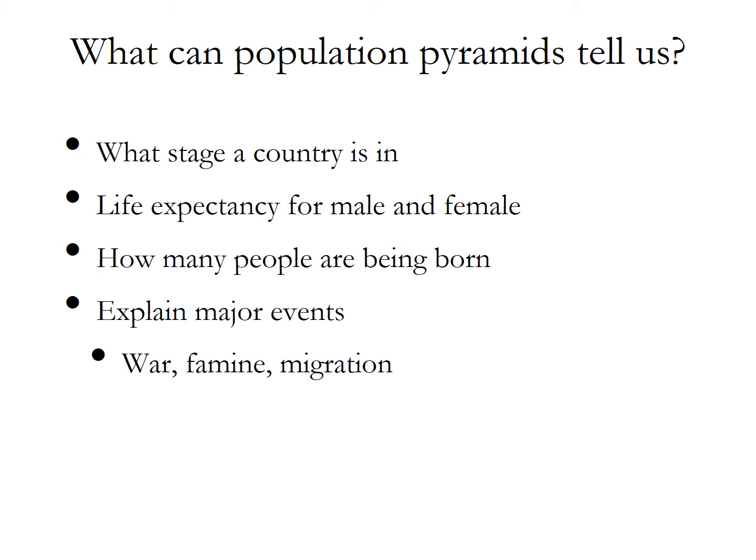We can see the life expectancy for males versus females. We can see how many people are being born, and maybe we can explain major events like why is there a chunk missing of males ages 60 to 70? Well, maybe there was a war and they all went off, or there was a famine or a migration, a mass exodus of people. This is what population pyramids can do.